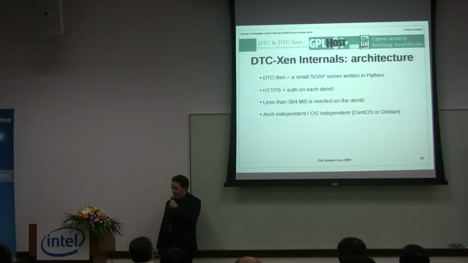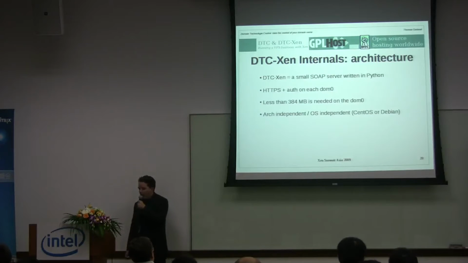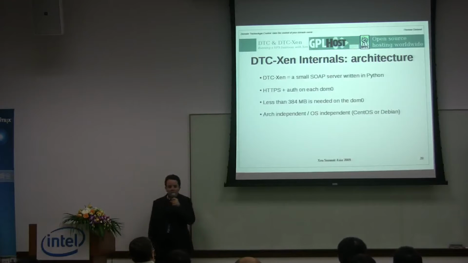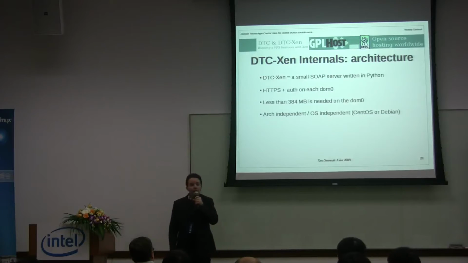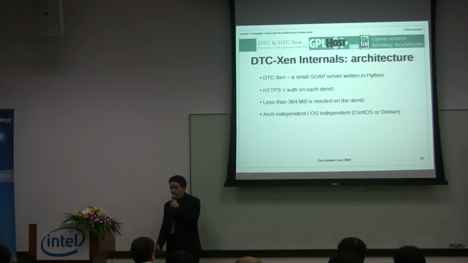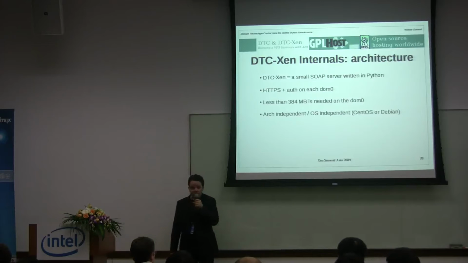It's as well OS independent, so we have everything packaged. Even the images of the bootstrapping system that you install are shipped with Debian packages. That way it makes it very easy to deploy.